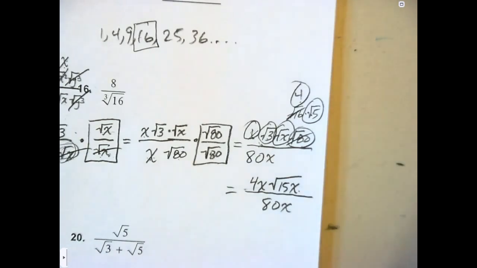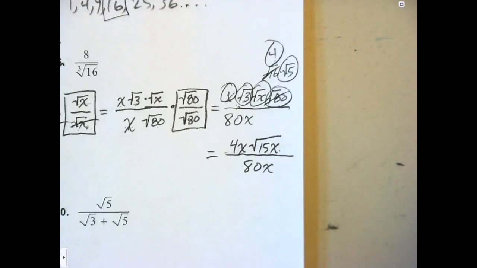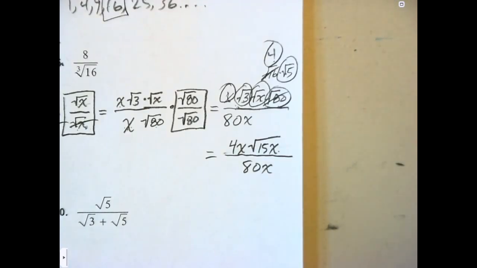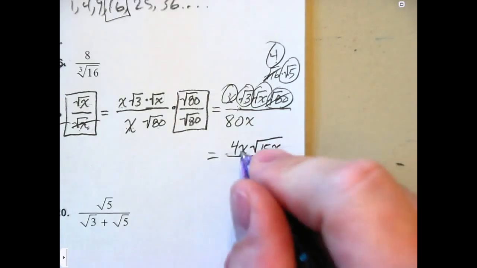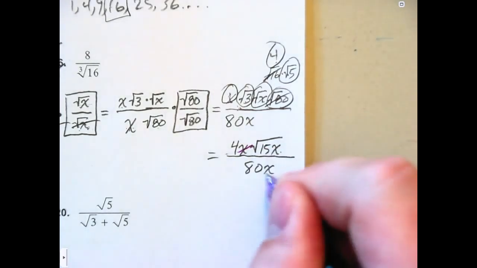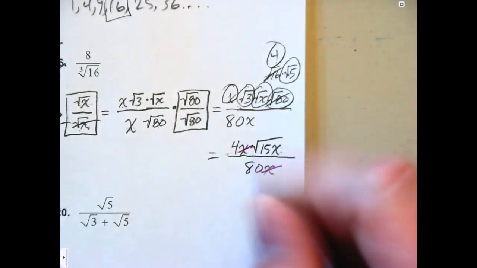Are we done with that problem? No. Tell your neighbor what you can do to that problem. All right, volunteer, what can we do to that problem? Jilly? Simplify it. What cancels? Good. The 4x and the 80x, so the x's cancel. How about the 4/80ths?